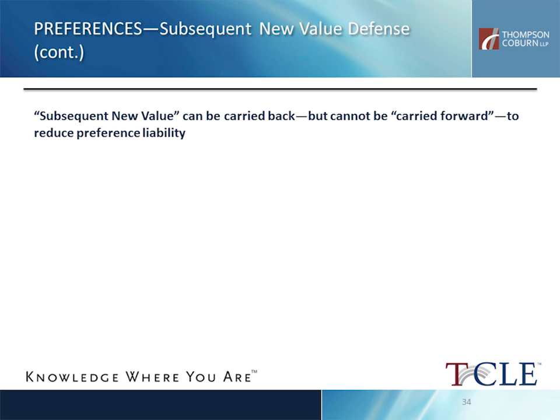So one important concept on the subsequent new value defense is that the subsequent new value, the additional goods that you supply to your customer, you can carry that back to reduce your preference exposure, but you can't carry it forward. And I'll give an illustration to clarify that point.